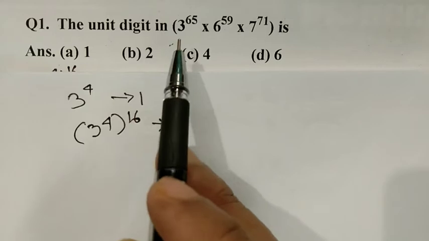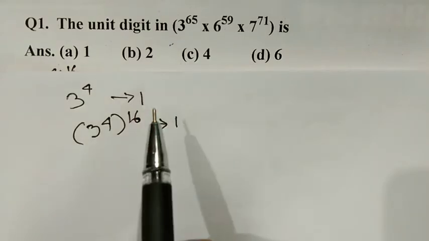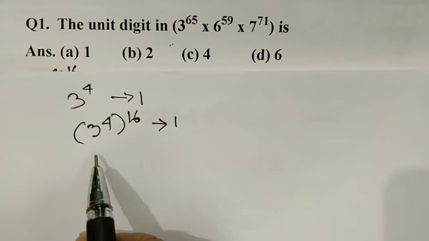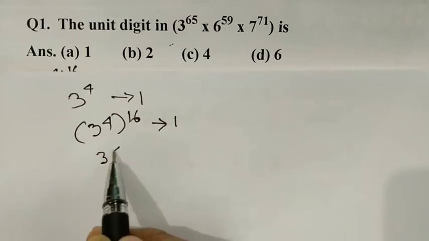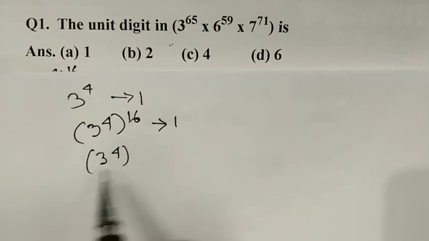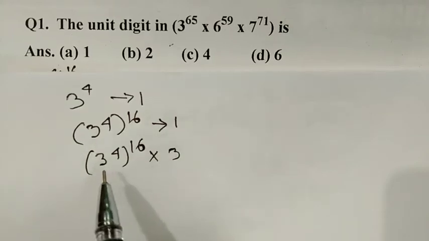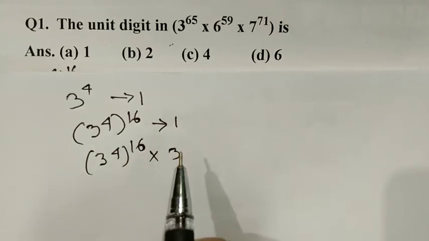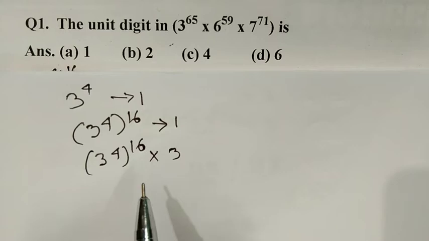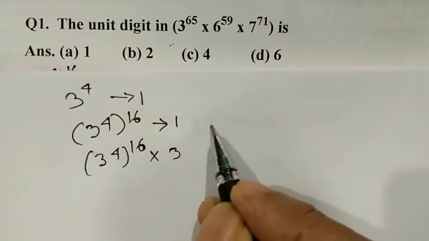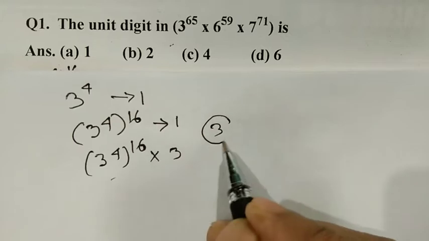Given 3 to the power 65, then we can write 3 to the power 4 whole power 16 into 3. 4 into 16, 64. Then unit digit 3. 1 into 3, 3.